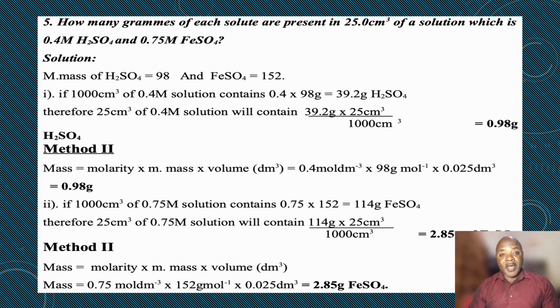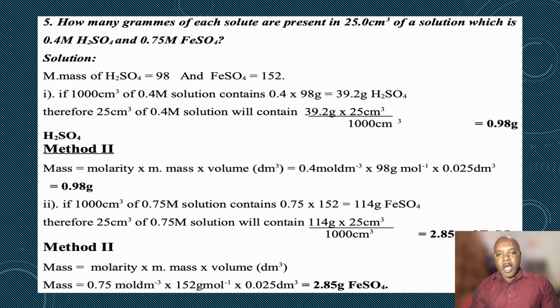Once more, for method 2, you have been given the volume and you have been given the molarity. Use the triangle which says the number of moles will be equal to concentration times the volume in dm cube. So convert the volume into dm cube. It will be 0.025 times the concentration, which is 0.4.